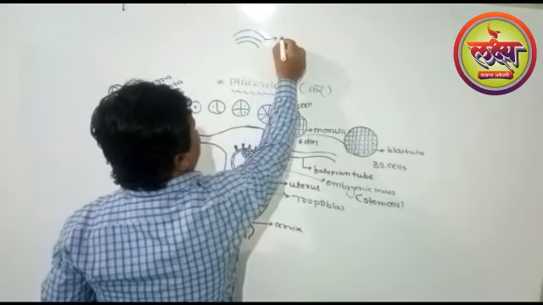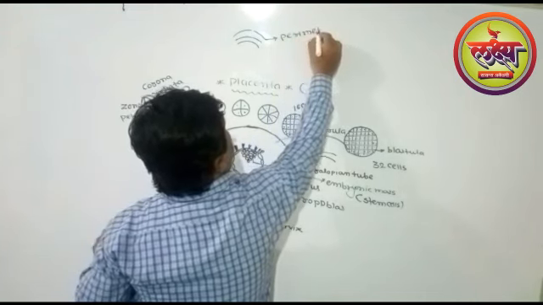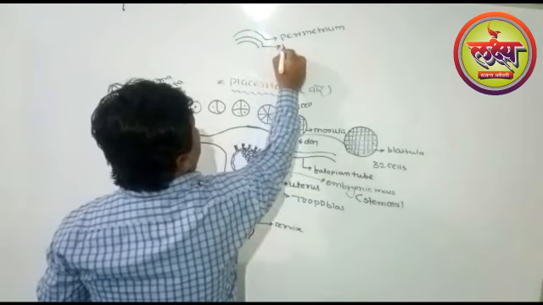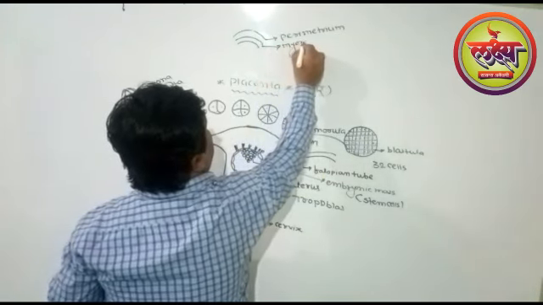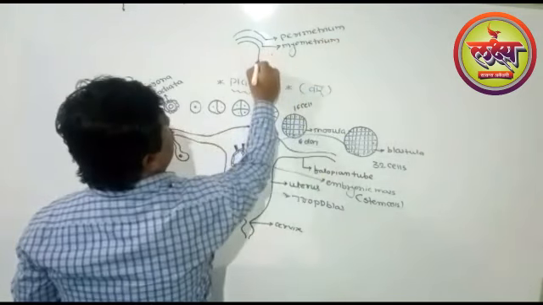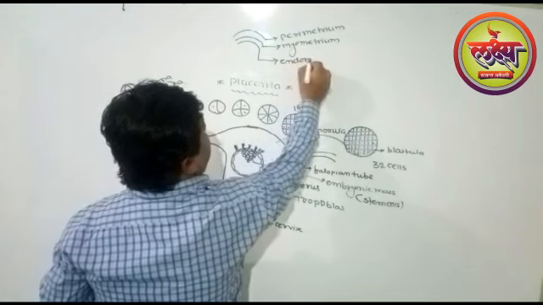This upper layer is called the perimetrium, this middle layer is called the myometrium, and this inner layer is called the endometrium.